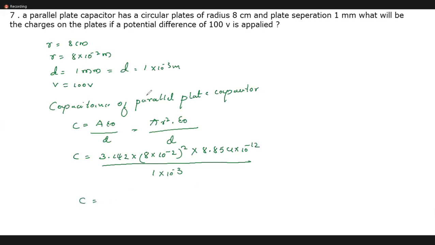If you get the C value, then you can find the charge. How to find the charge? Q is equal to C into V. C you got here, V is given, find Q. First tell me the value of C. Ma'am, it is 1.78 into 10 power minus 10.